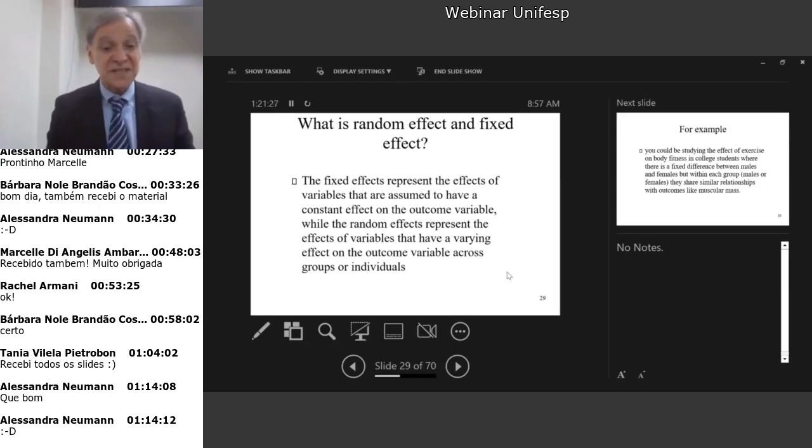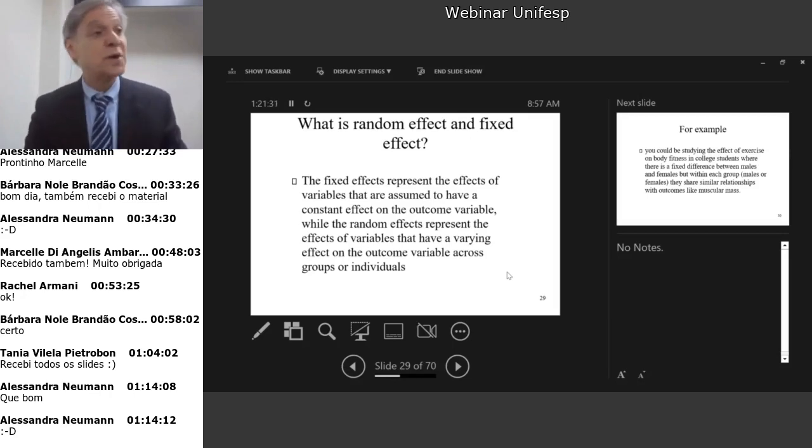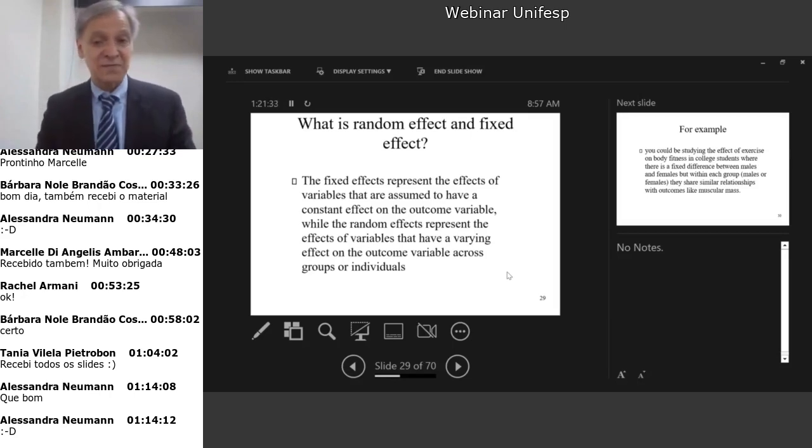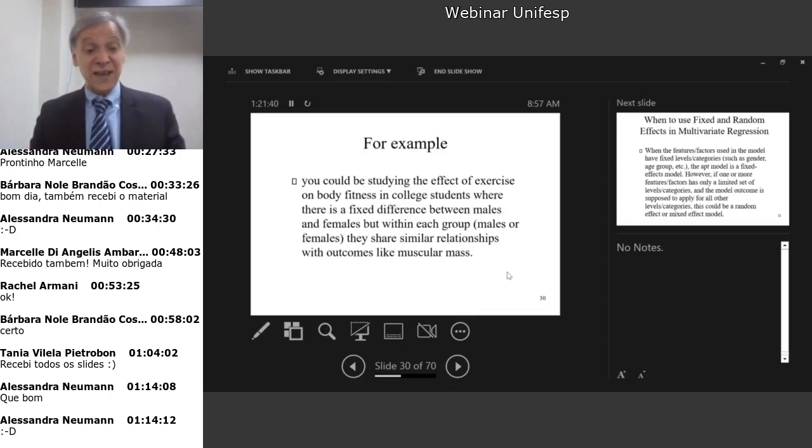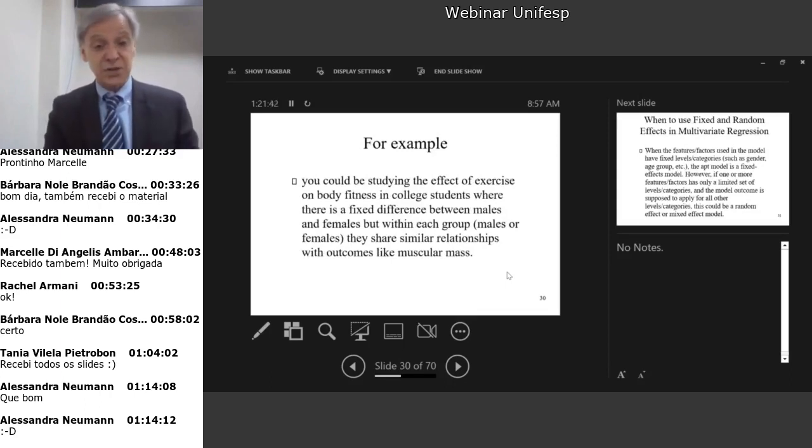While the random effect represents the effect of variables that have a varying effect on the outcome variable across groups or individuals. This is exactly the example I gave. Let's go a little bit more on that. For example, you could be studying the effect of exercise on body fitness in college students, where there's a fixed difference between male and female.